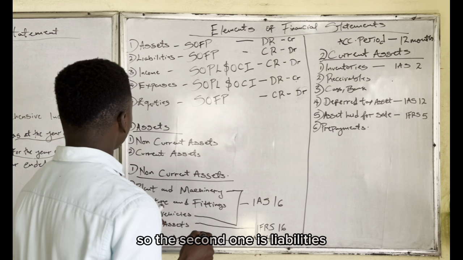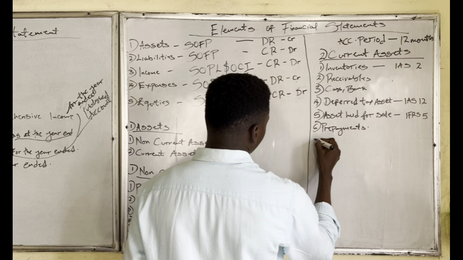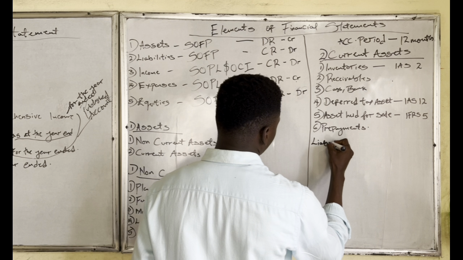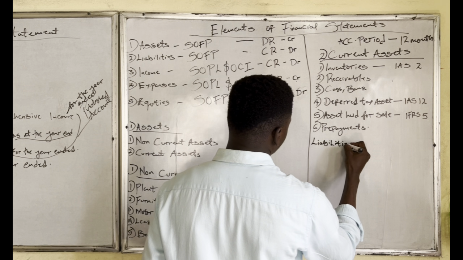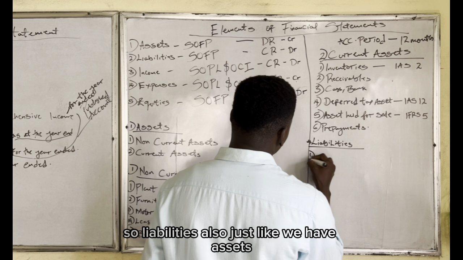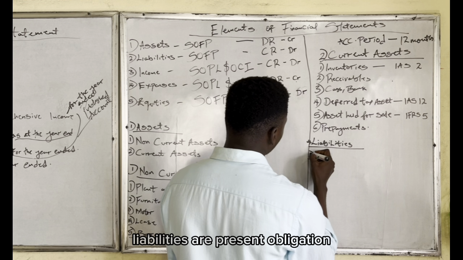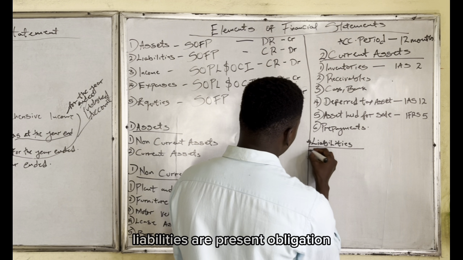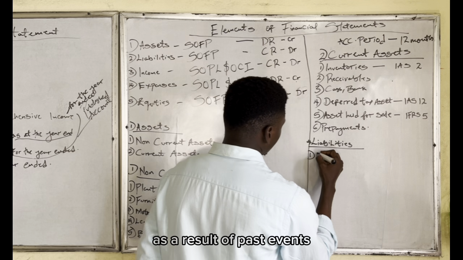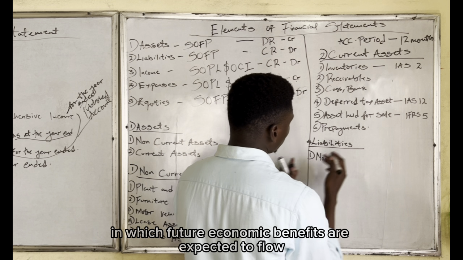So the second one is liabilities. So liabilities also, just like we have assets, we have liabilities. I explained that liabilities are present obligation as a result of past events in which future economic benefits are expected to flow out of.